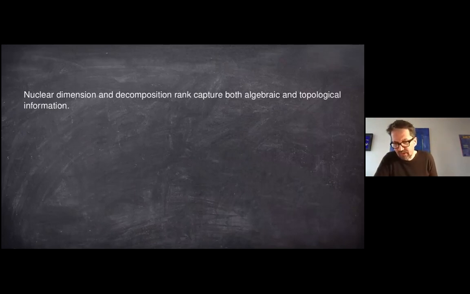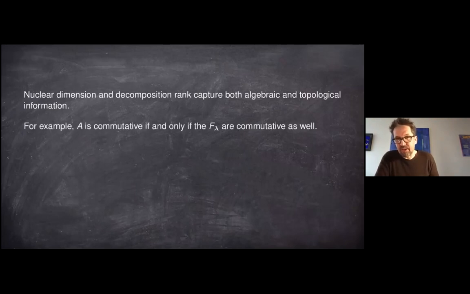And you can see this by comparing them to covering dimension, to topological covering dimension, Lebesgue covering dimension, and they just generalize covering dimension of a space to a non-commutative setting. But they also encode algebraic properties, for example, whether A is commutative.